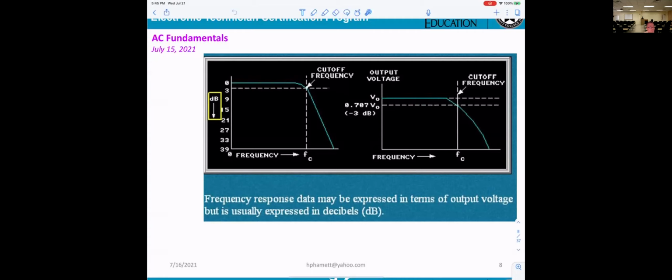Now, you get 0 dB. The reason you get 0 dB is they take the 20 log of 1, which equals 0. Okay? So now, that will tell you one thing: what 0 dB means to you.